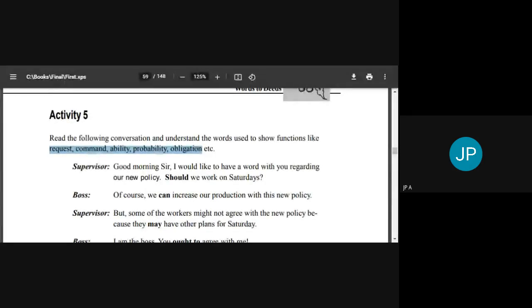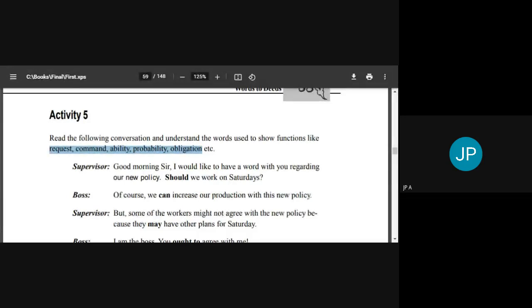Here there is a sentence, can I come in? What is the function of can? Which of these functions is it performing? Yes, it is a request.